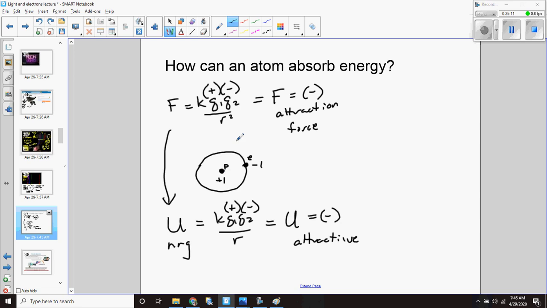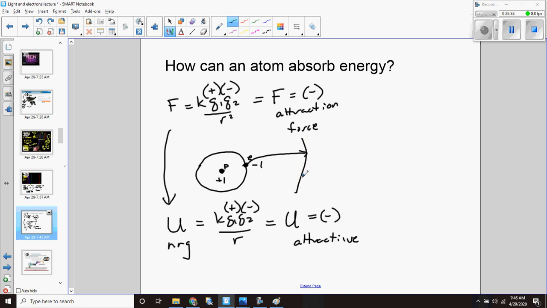Okay, how do we get back to answering our original question? How can an atom absorb energy? What Niels Bohr realized is an atom can absorb energy by the electron literally moving farther away from the nucleus to another shell. Somewhere out here, there is another shell that's going around the atom.